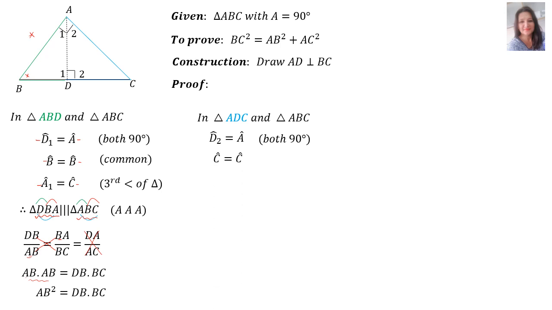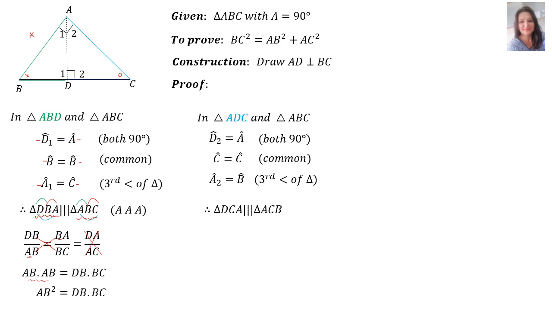Angle C, which is this one, is equal to angle C. It's the common angle. Without thinking, the third angle, angle A2 in the blue triangle, is equal to angle B in the big triangle. And your reason, third angle of a triangle.